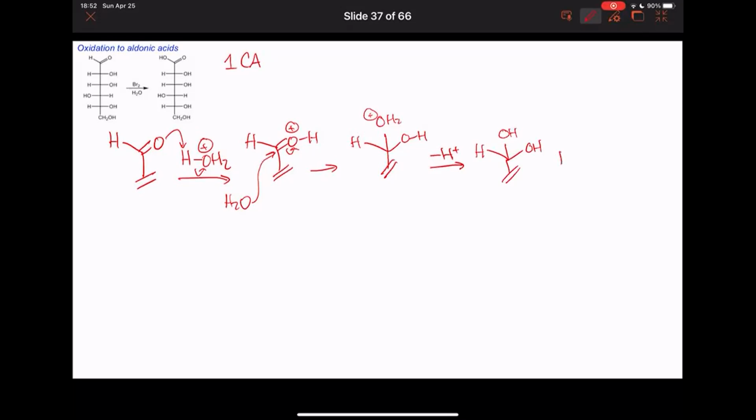From this step, we now have our Br2. A lone pair on oxygen will come out to grab a Br and then kick off that leaving group. Then you're going to have another proton transfer to deprotonate.